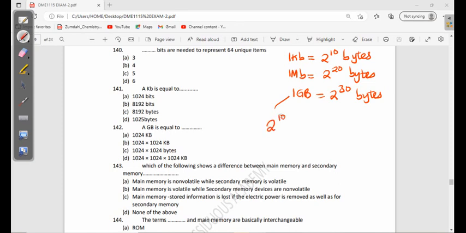That means we have 2 to the power 10 multiplied by 2 to the power 10, and then KB. And what does 2 to the power 10 give us? 1024. So this will be 1024 times 1024 times KB. So therefore the answer is B. Well, in this tutorial, let's end here and in the next tutorial we'll go on with more questions.